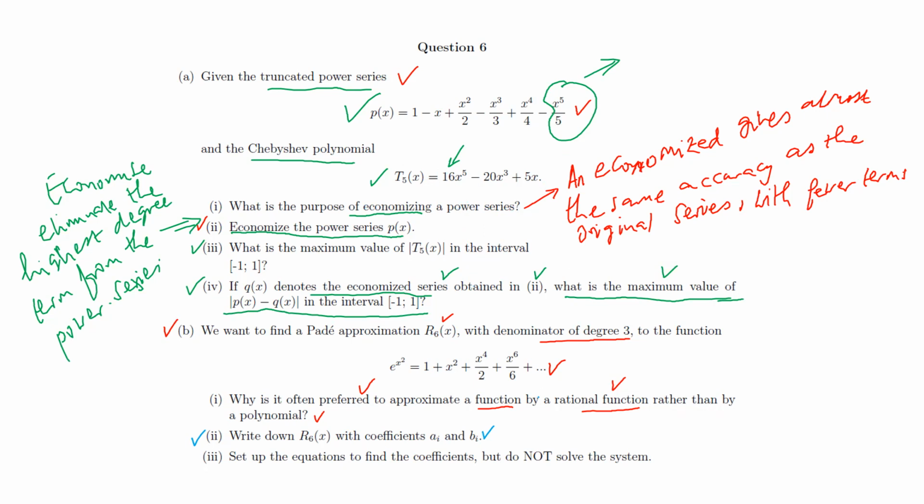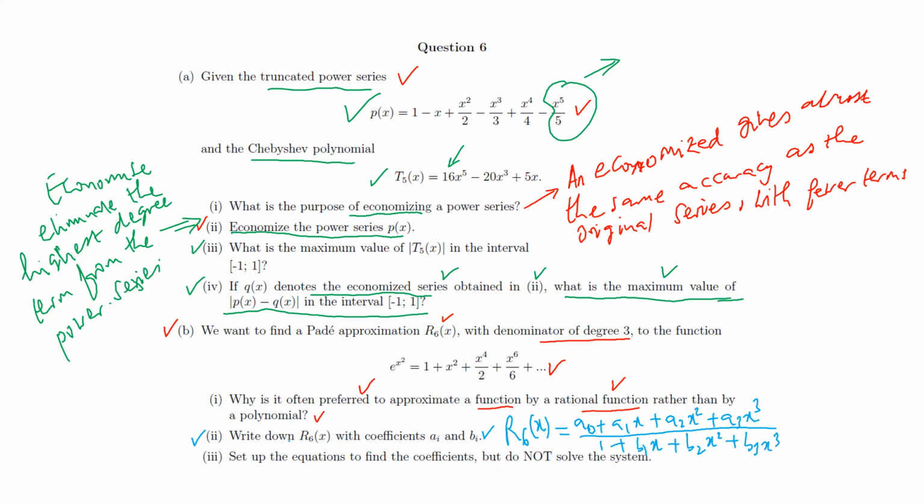So this is what happens then. We note that R6 of x is actually A naught plus A1x plus A2x squared plus A3x cubed, and this is divided by 1 plus B1x plus B sub 2 x squared plus B sub 3 x cubed.